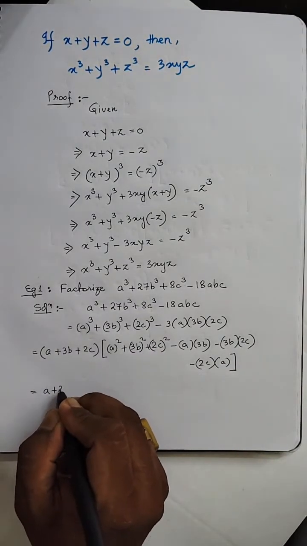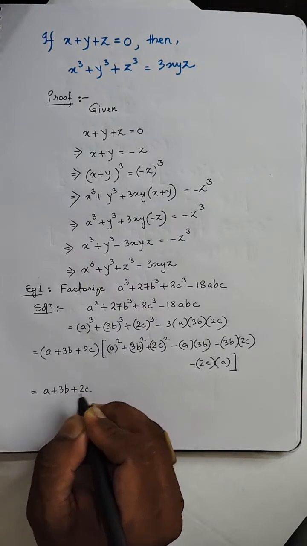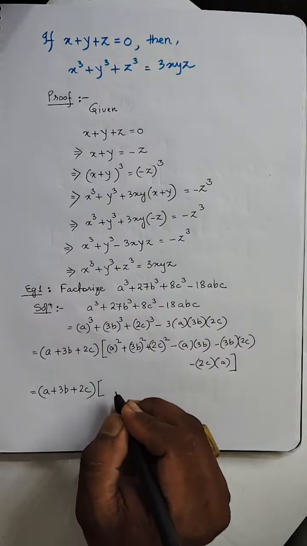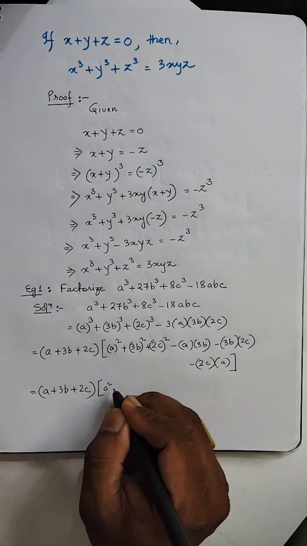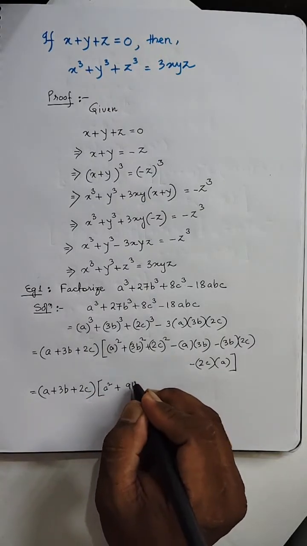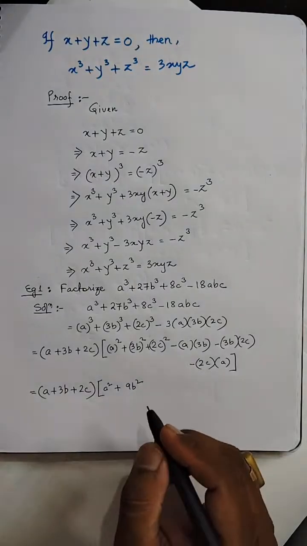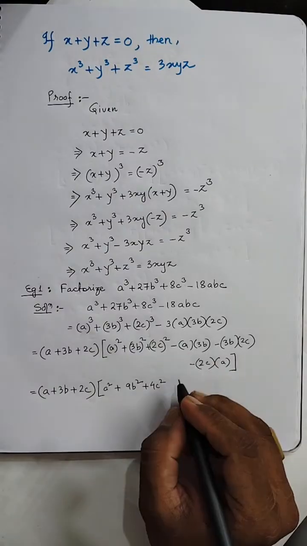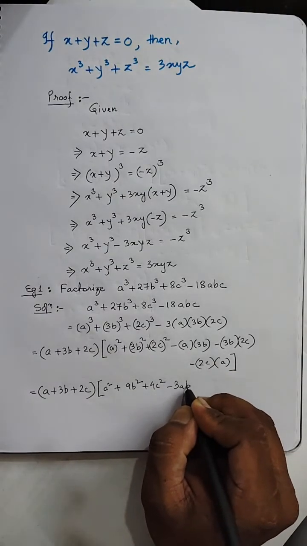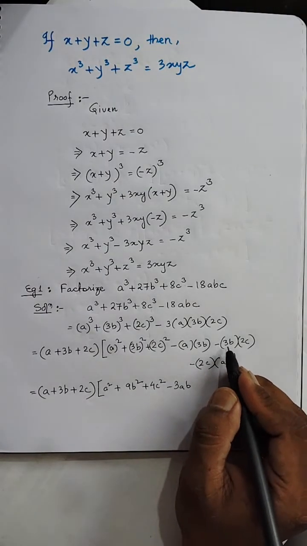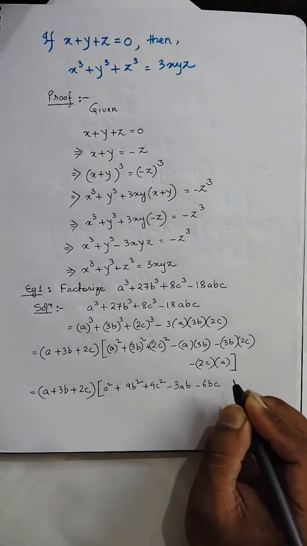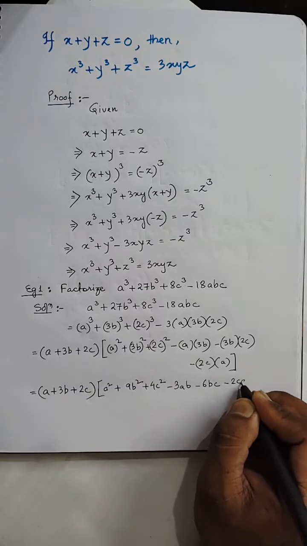So a plus 3b plus 2c. A whole square is a square plus 9b square plus 4c square. A into 3b is minus 3ab, minus 3b into 2c is minus 6bc and minus 2c into a.